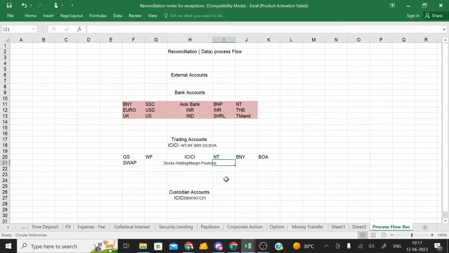Right. Bank of America will provide the government bonds facility. BNY, let's say, loan transaction details, loan transaction facility, ABS and MBS.